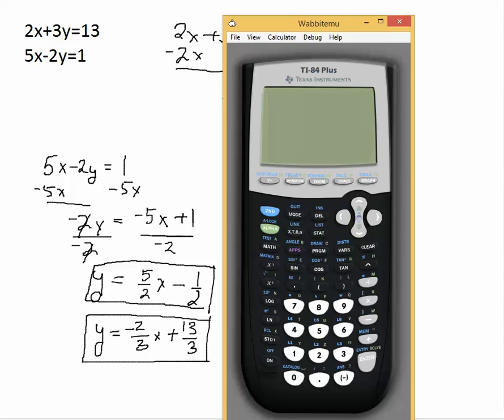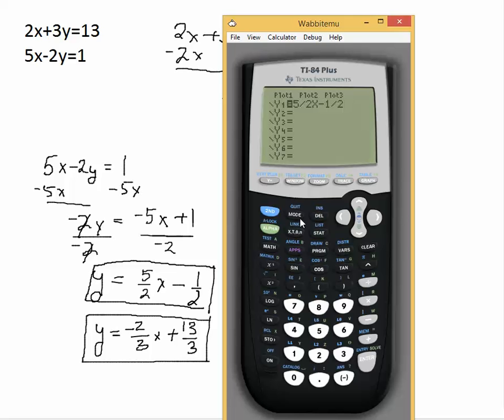Now that I have my calculator set up, we're going to enter those equations. We go into y equals, and we enter our first equation. I have 5 divided by 2 times x minus 1 divided by 2, or 1/2.